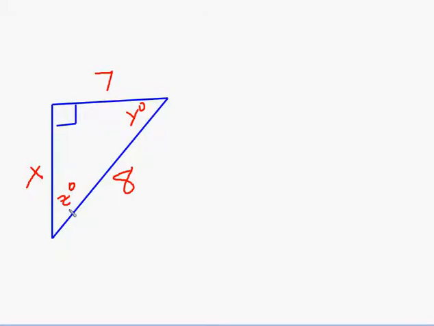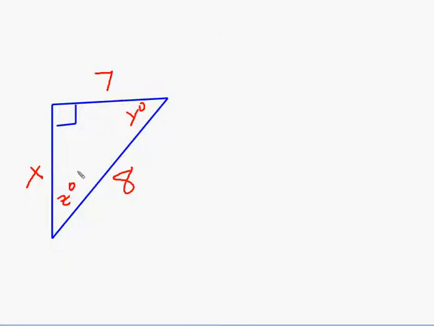Okay? So let's find x first. As I look at x, oh, I didn't mean to set that up that way. I'm sorry, we'll do it again. I didn't want to do it that way. Oh well, we'll have to do a few more.